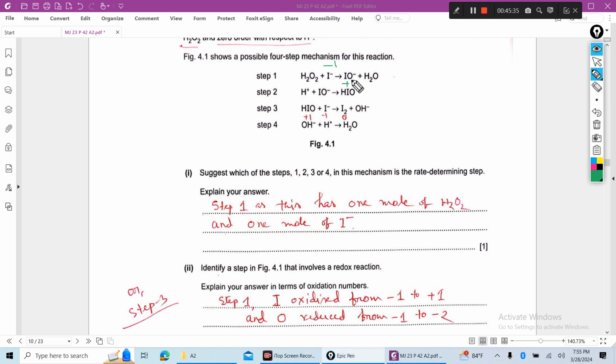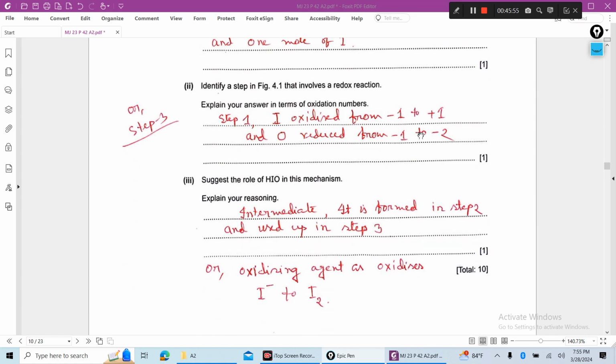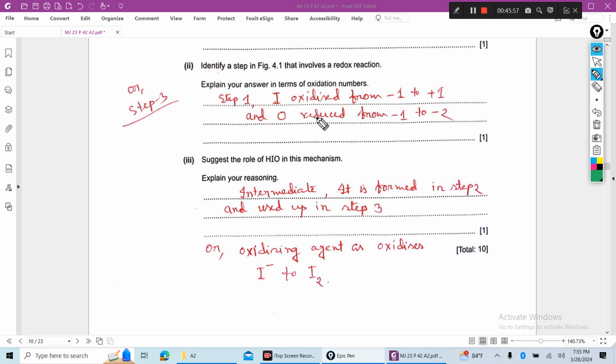So iodide ion is oxidized, and oxygen is -1 here in hydrogen peroxide, and here in water, oxygen is -2. So iodide ion is oxidized, oxygen is reduced, that's why it is a redox reaction. So step 1 is the redox reaction, because iodide ion is oxidized from -1 to 0 and oxygen is reduced from -1 to -2.